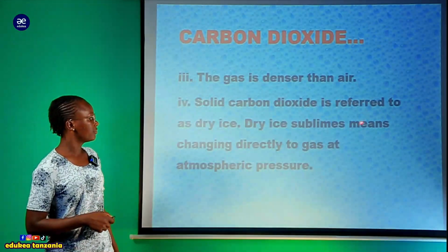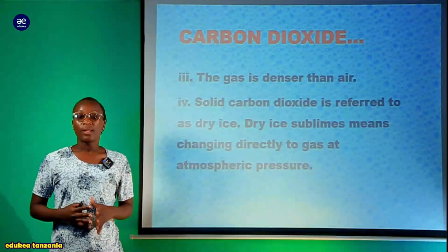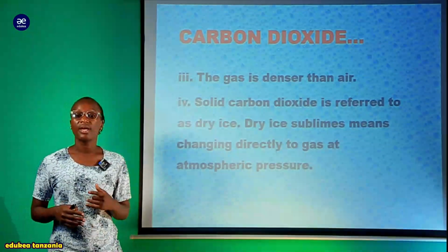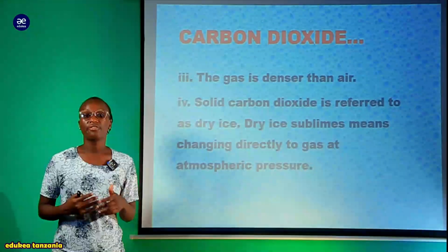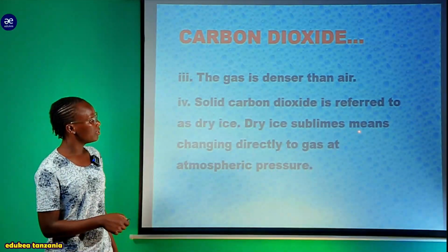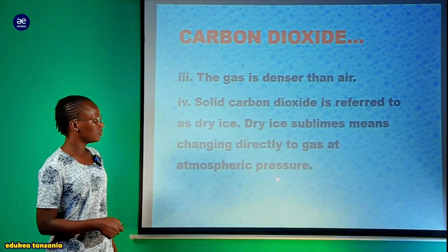Solid carbon dioxide is referred to as dry ice. Dry ice sublimes, meaning it changes directly to gas at atmospheric pressure.